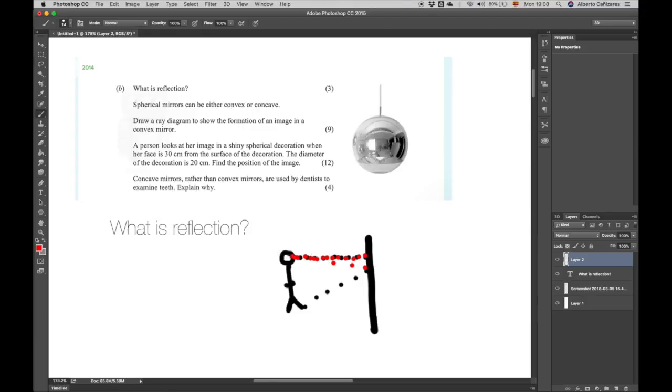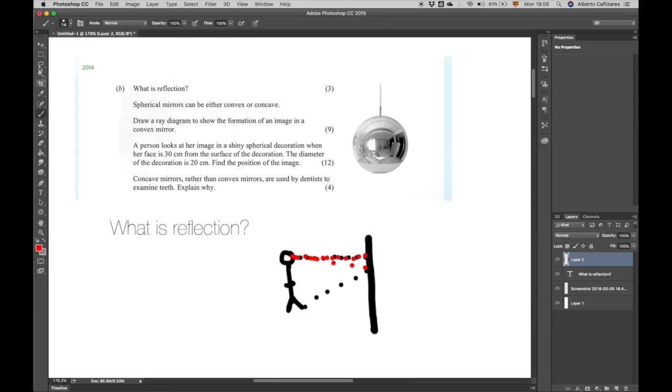Okay, so only the light that bounces at a certain point in the mirror and meets your eye at that angle will be the light that comes from your feet, right? So if the light comes in this way, it won't reach your eye, and if the light goes a bit higher, it won't reach your eye, as it will go that way, right? So just by looking at the same path, you will see the light that comes from your feet.